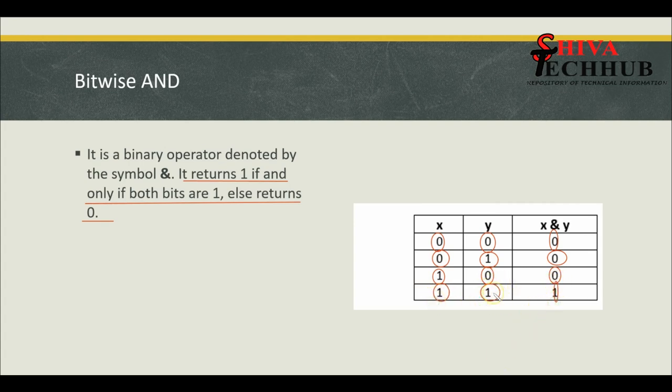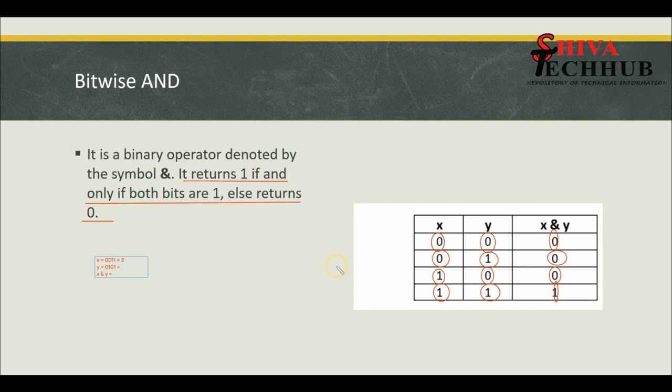Let us try to understand by writing it down. For example, x value is 0011 according to that particular table, and y equal to 0101. Let us write x ampersand y. 0011: the equivalent decimal is 3, since it follows the 8421 pattern.